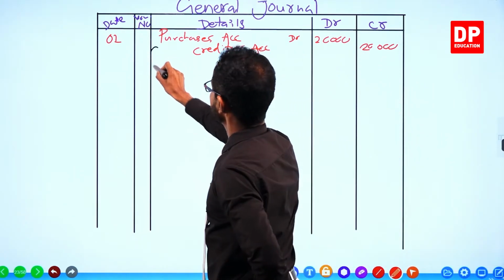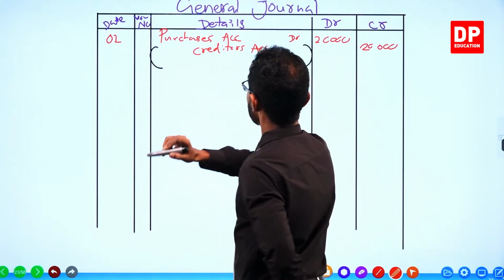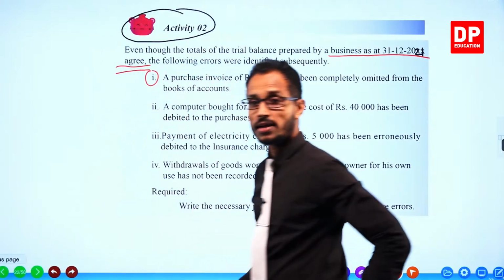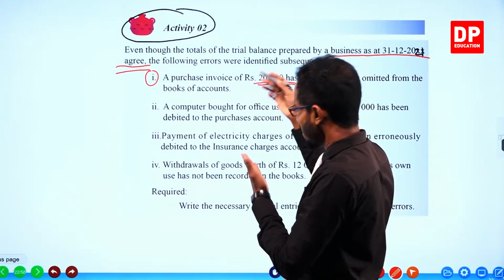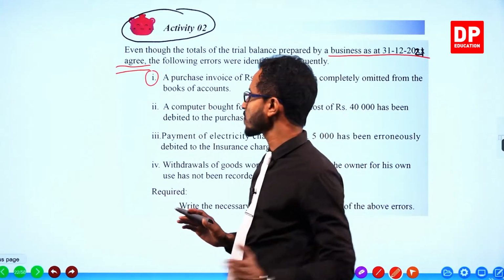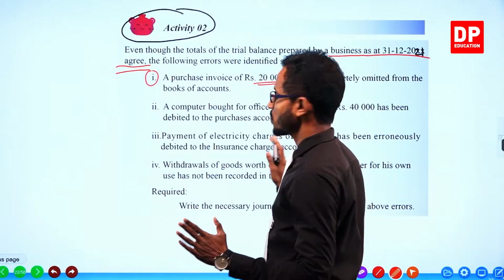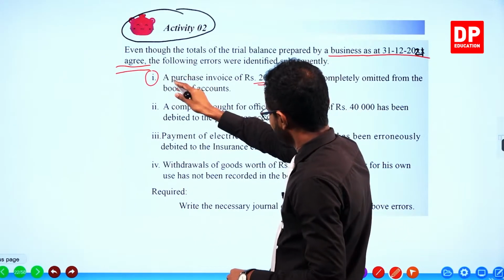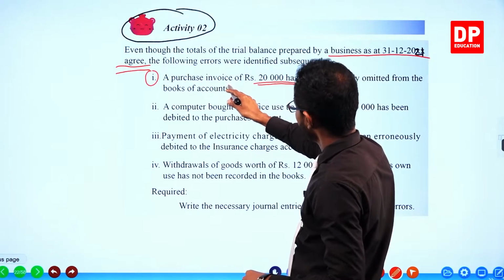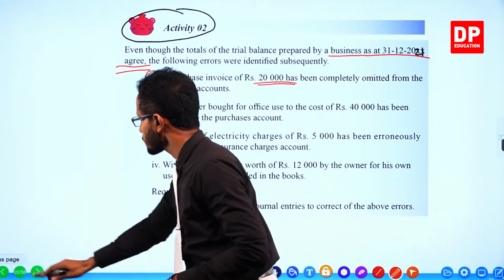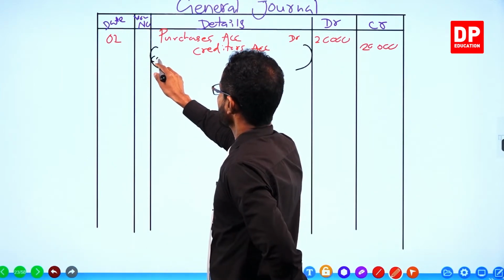Don't forget the narration because narration is important. What is the narration? Go back to the error and read it. You can even write the error itself as the narration. I'm going to write the necessary part: corrected the error of purchase invoice 20,000 being completely omitted.